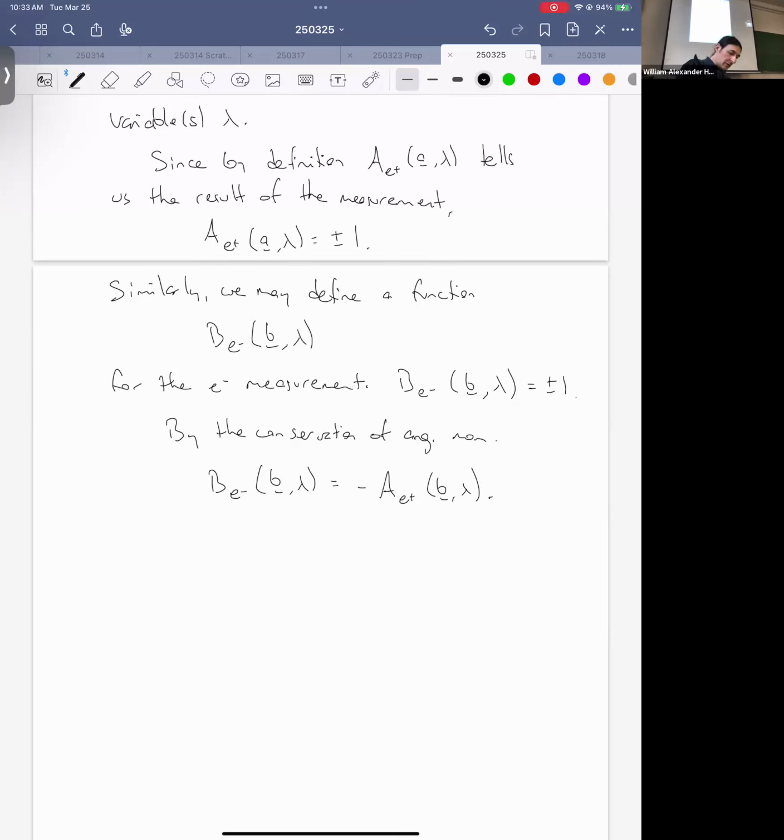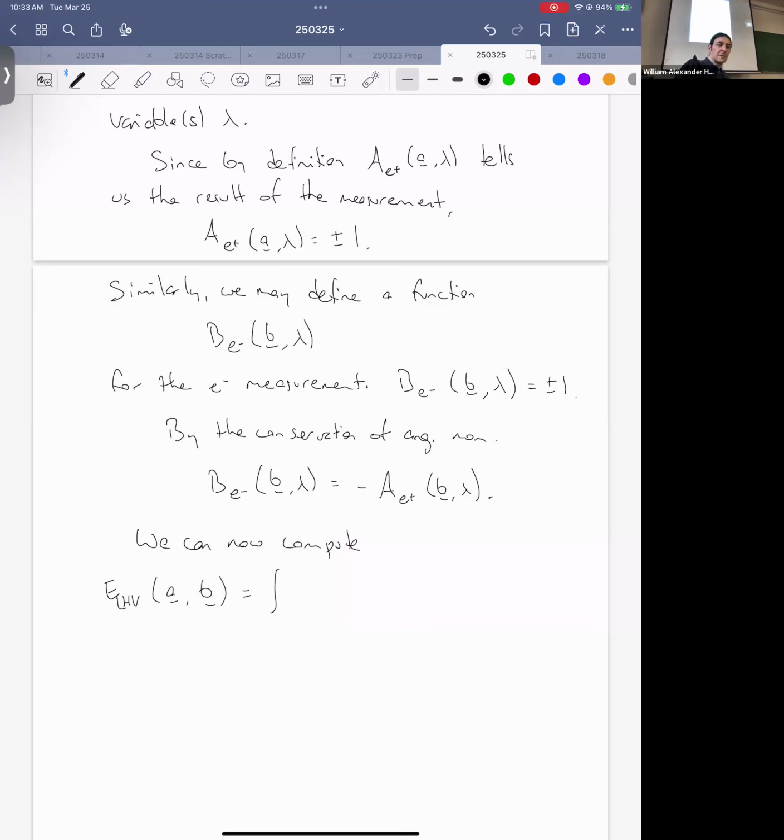So we can now compute the expectation value in our local hidden variable theory, that similarly depends on the A vector and the B vector.